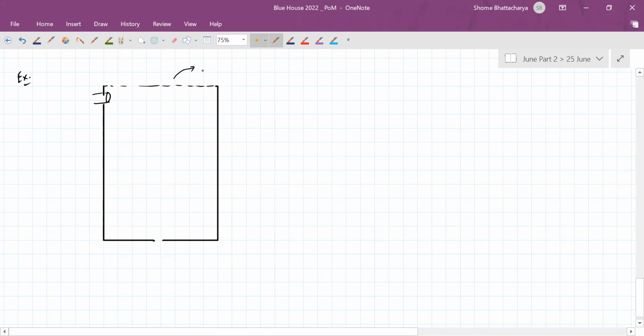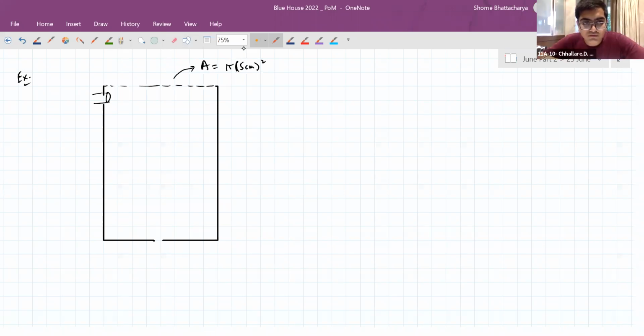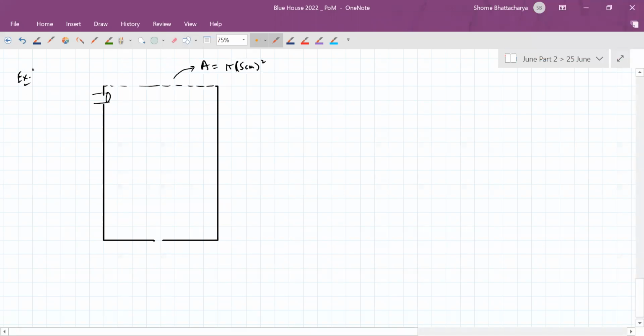So what all is given to us? Okay, so this is 10 centimeter in diameter. This is exercise 1, question number 45.